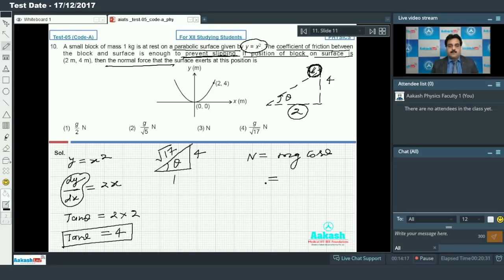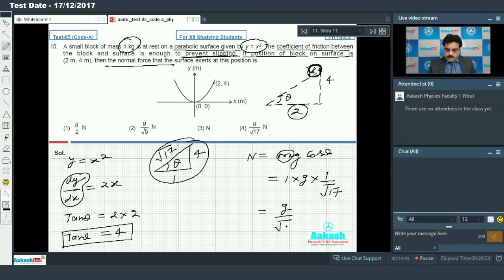So I need to calculate the value of cos theta. If I place the value of mass, that is 1 kg, 1 into g, and the value of cos theta, you can get it by using this triangle. Cos theta is given by base upon hypotenuse, so that is 1 upon root 17. So the final value of the normal force is g upon root 17. So my option number 4 is correct.